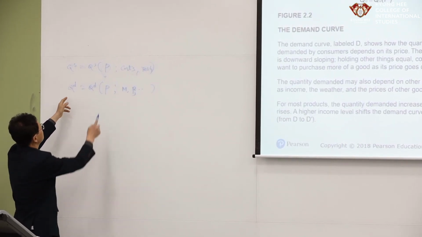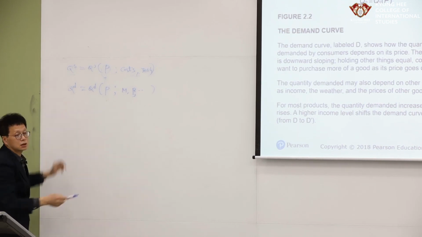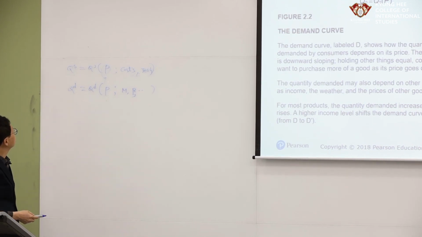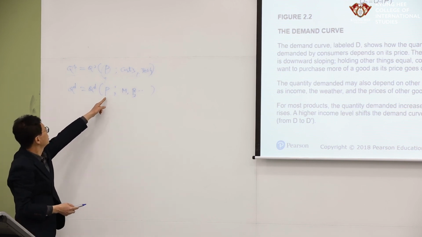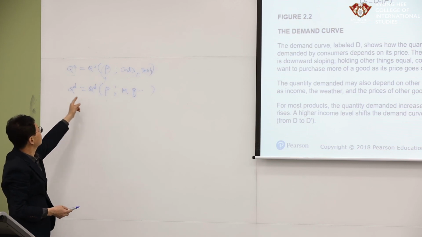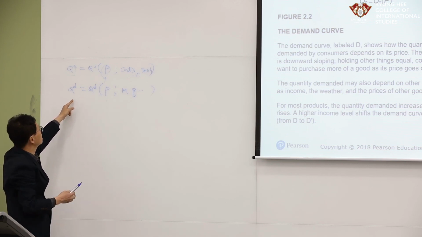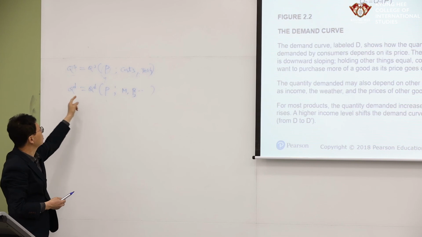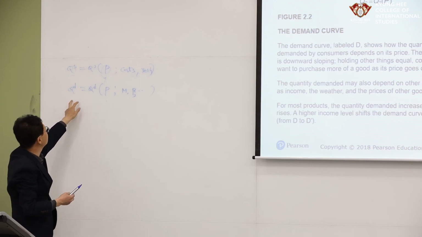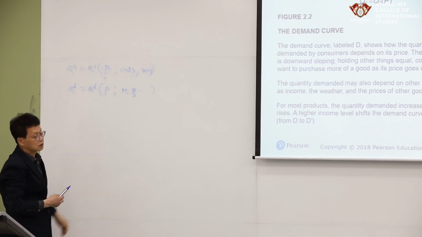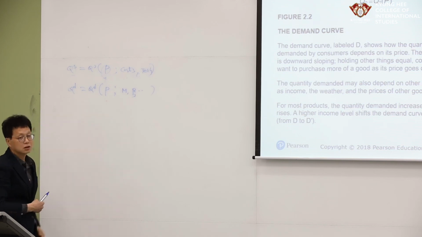The relationship between its own price and quantity demanded is graphed by the demand curve. So when price increases, quantity demanded decreases. Price decreases, then quantity demanded increases. So there is a negative relationship between its own price and quantity demanded.